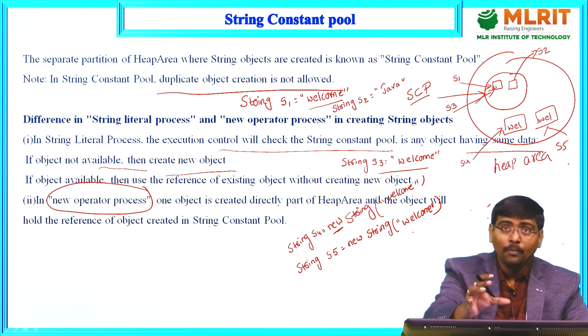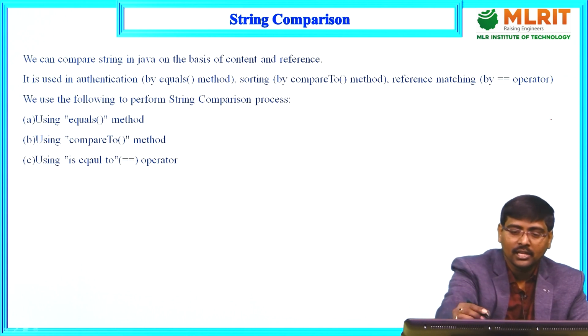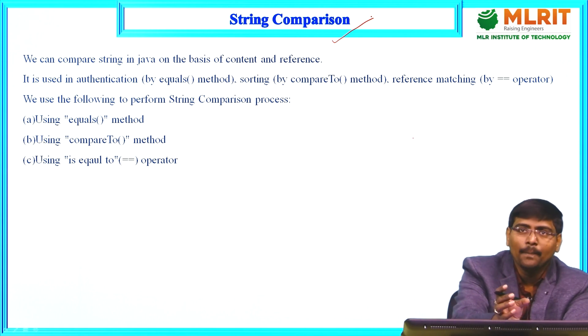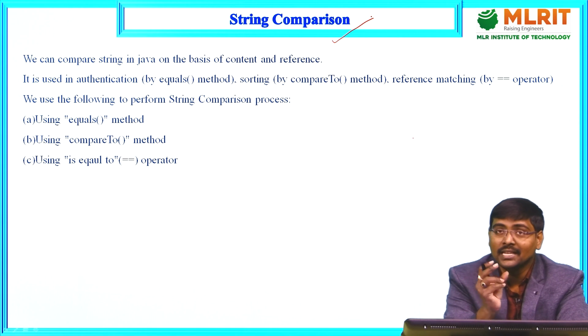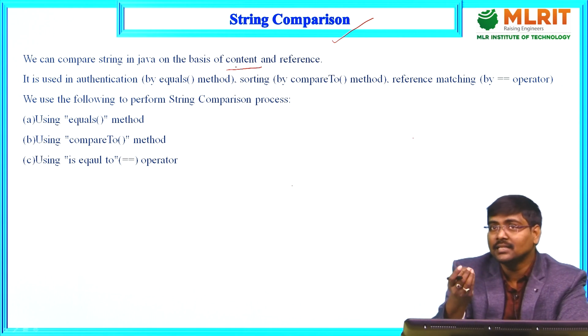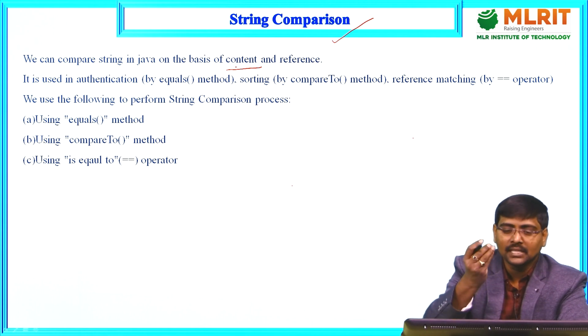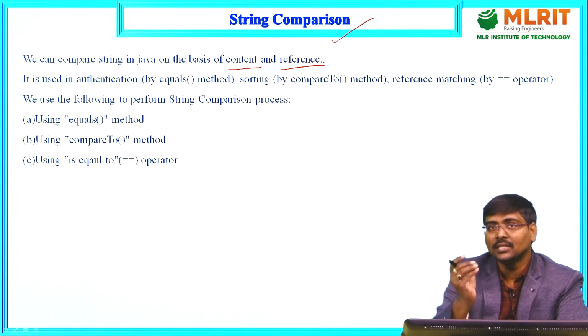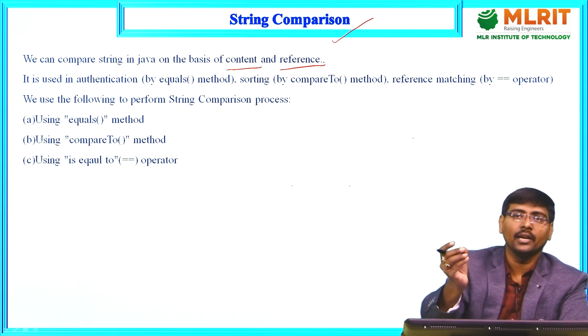Okay, now based on this one, next I will move to comparison of strings. Here the comparison of two strings is either based on the content, content in the sense the data present in the string, or based on the reference, reference in the sense the address pointed by the string.